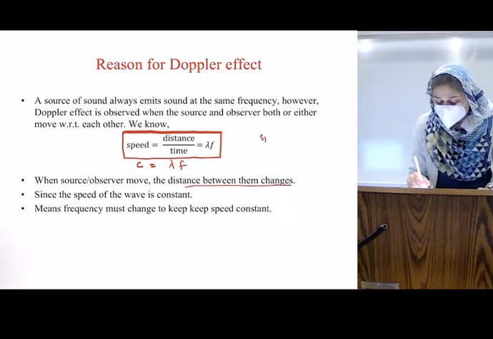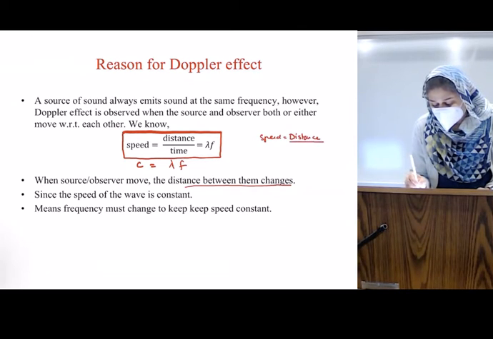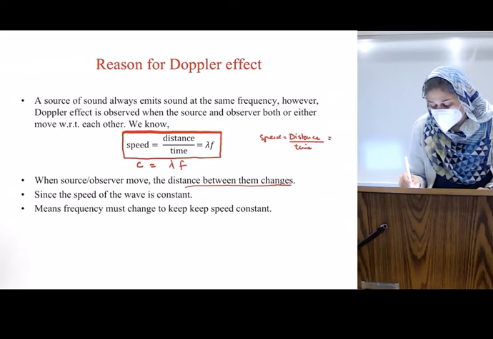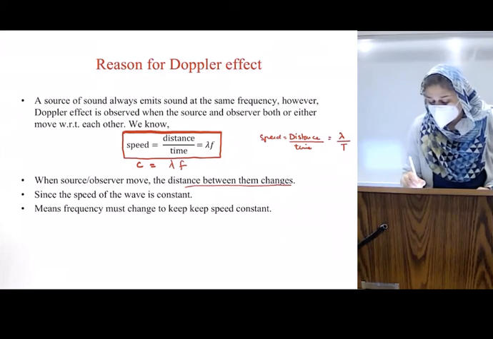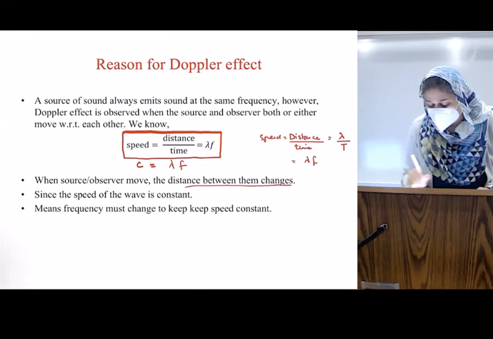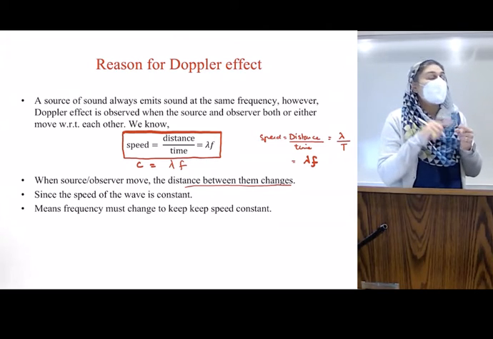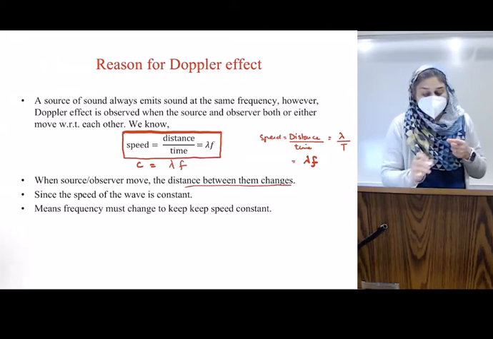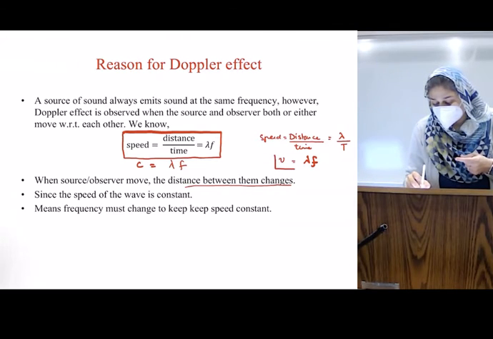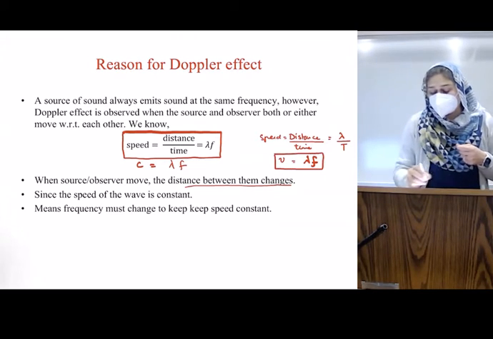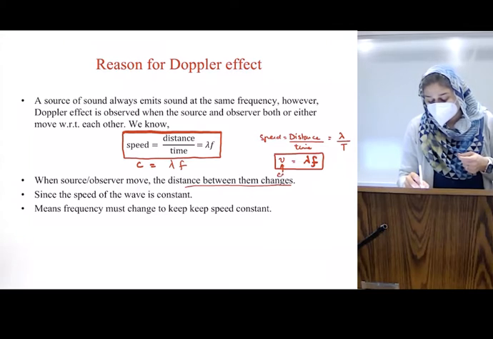So speed equals distance over time. We know that distance is the same as lambda, and time is t, so we can also write it as lambda f. In order to keep the speed the same, frequency must change in this formula, because v cannot change.